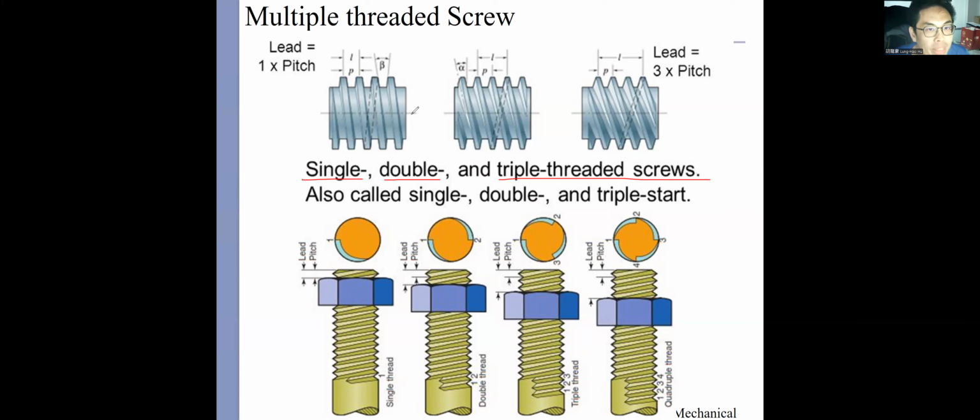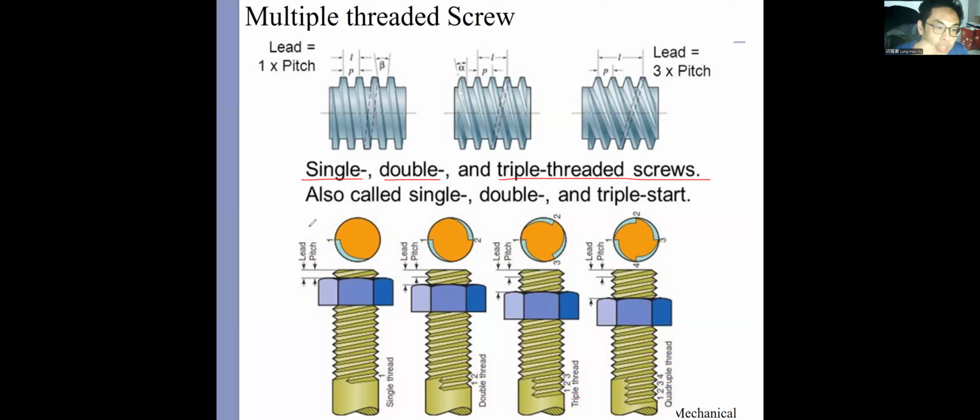When the lead equals 3 times the pitch, it is defined as a triple thread screw. So when this screw is a single thread screw, that means when the nut rotates one turn, the lead equals the pitch.